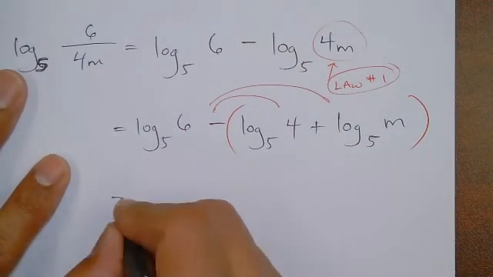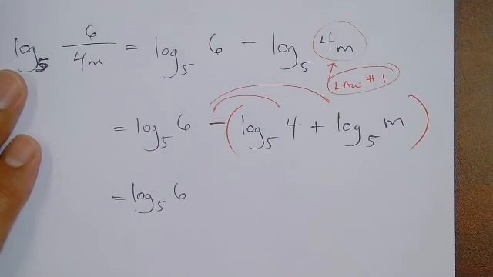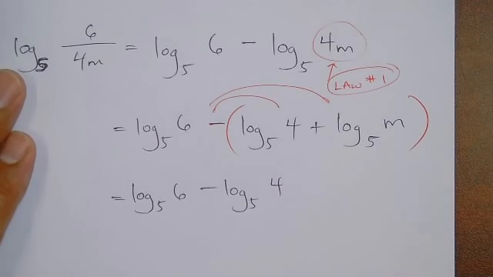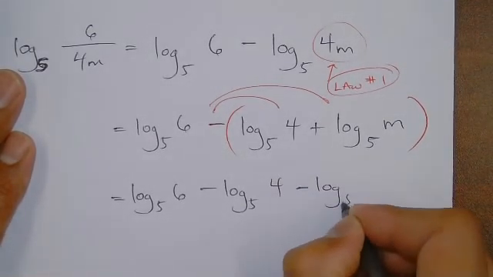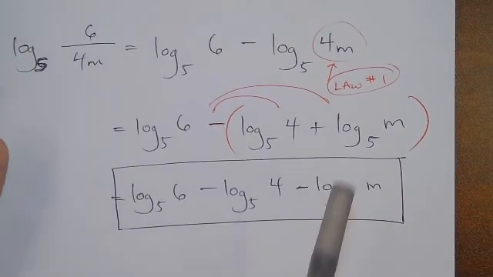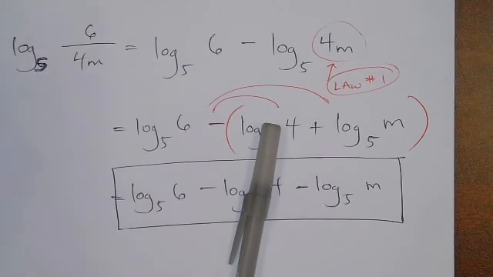It's like when you have negative 2 times x plus 4. When you have a negative, it goes to both. So actually, the correct and final expansion here is log 5 of 6 minus what? Log 5 of 4. And then what? Minus log 5 of m.